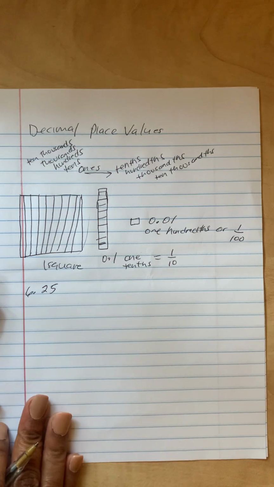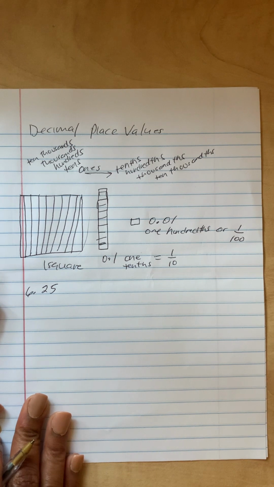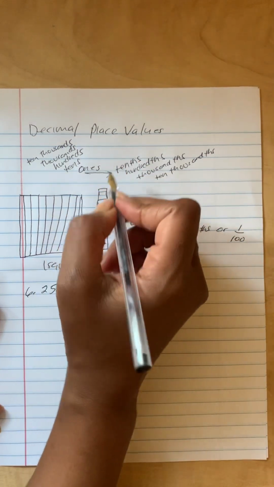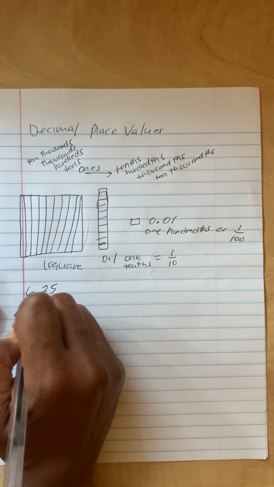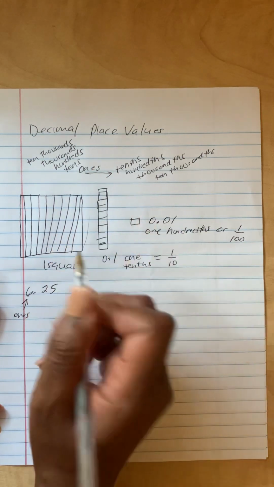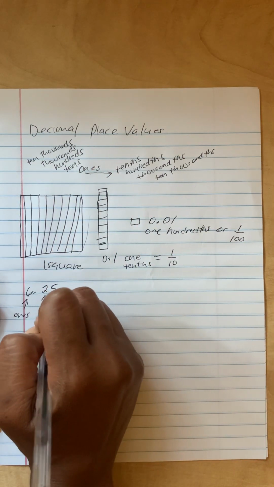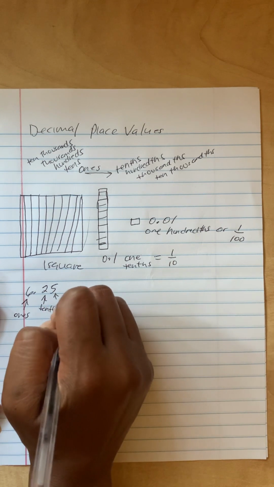So let's say we're given the number 6.25. With that number, we want to determine the place value as a decimal. Let's use our chart up here. So that's 6. It would start here. This would be the ones. And then as you know, to the right, when you're dealing with decimals, this 2 would be the tenths. And the 5 will become the hundredths.